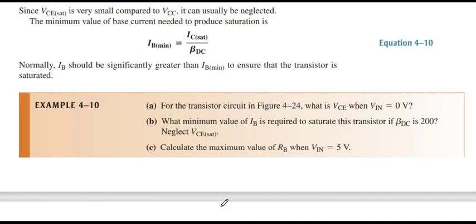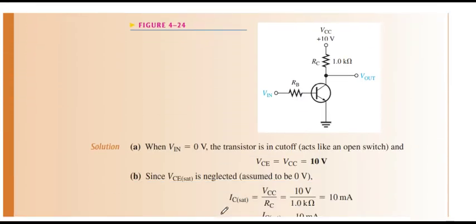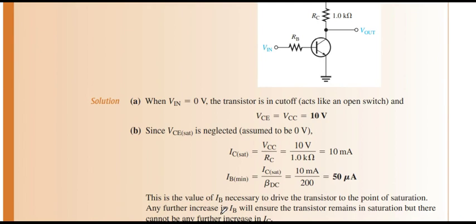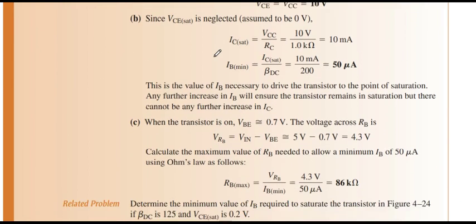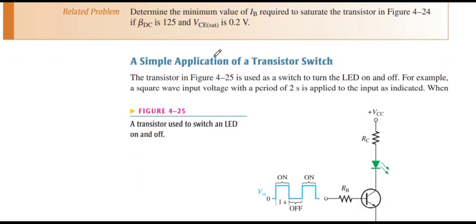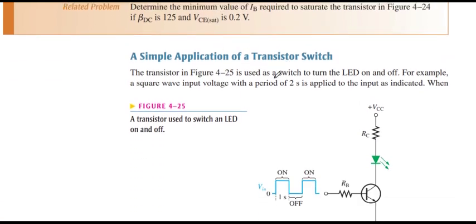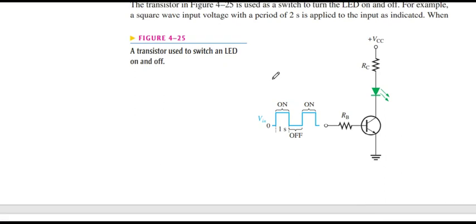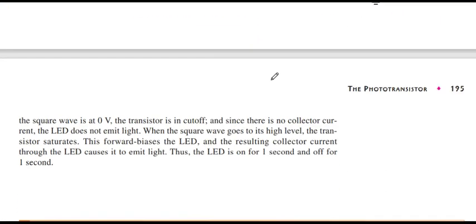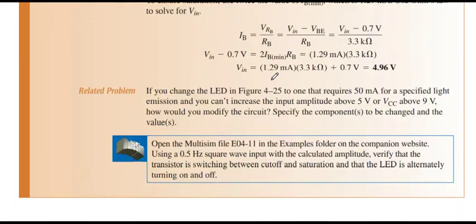And the next example is also related to the above topics. You can read it by yourself. A simple application of a transistor. Now we use the application of transistors. You read it by yourself.